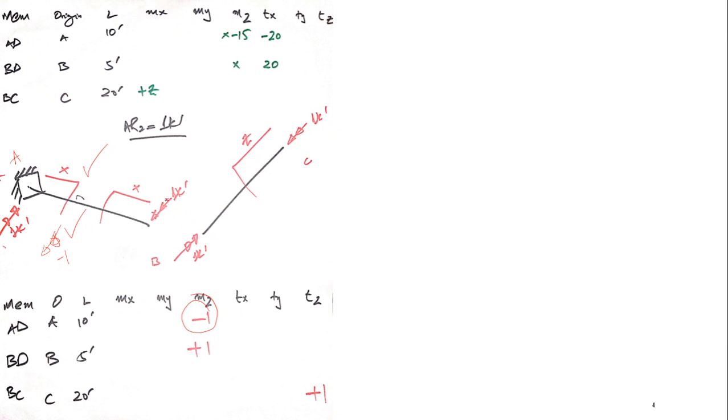Here this is anti-clockwise already, so it would be balanced with equal and opposite clockwise, +1. Here it is a torsion, so the torsion would be balanced here. This is anti and this is plus, so this would be +1. That's why it's +1 here.